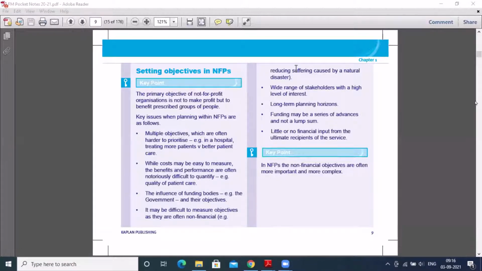That might be one of their long-term planning horizons. Most of the objectives are long term, so immediately it may not be possible. Suppose, as I mentioned, in a span of 10 years or 5 years, the not-for-profit organization is focusing on developing the present hospital into a multi-specialty hospital.